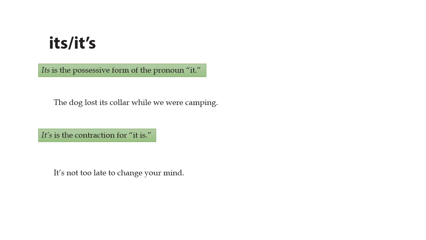One way to know if you have the right one here is, if you've used the apostrophe, uncontract it. Say it is, and see if it makes sense. In that first one, you'd say, the dog lost it is collar while we were camping. That doesn't make sense, so you wouldn't put an apostrophe there. Just remember that it's is always a contraction of it is.